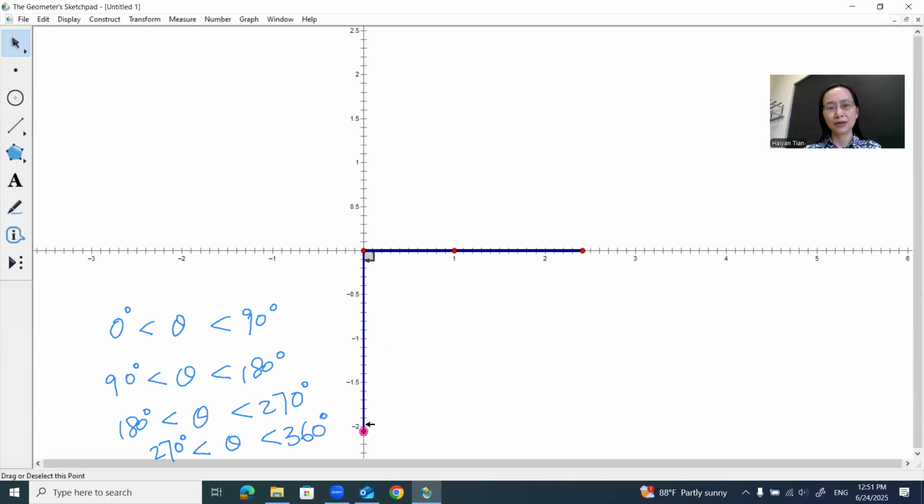Those are easy for us to evaluate trig functions at. So we will not talk about that case, but we are looking at the angles that are non-quadrantal angles.